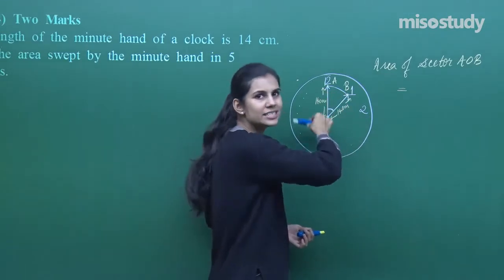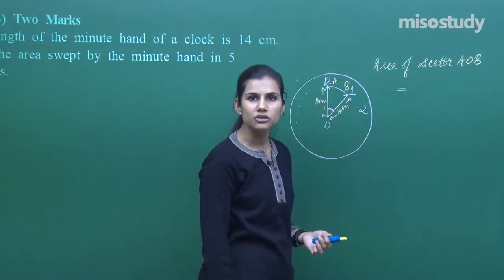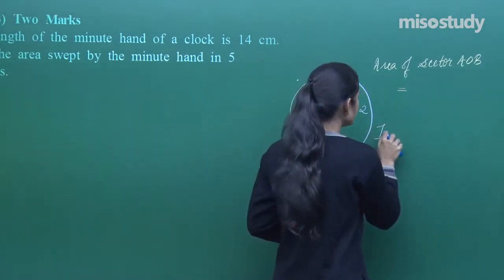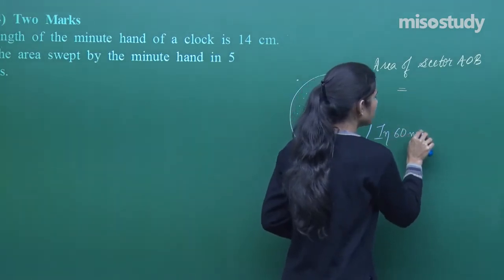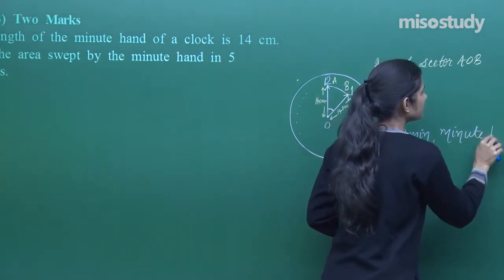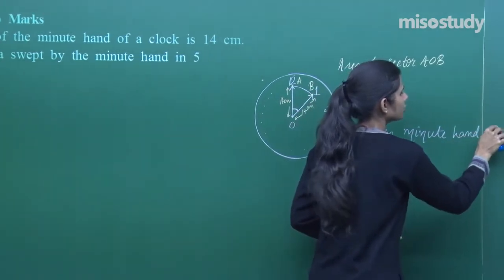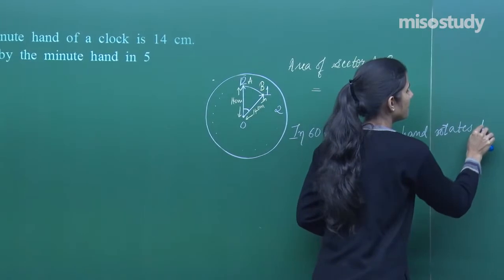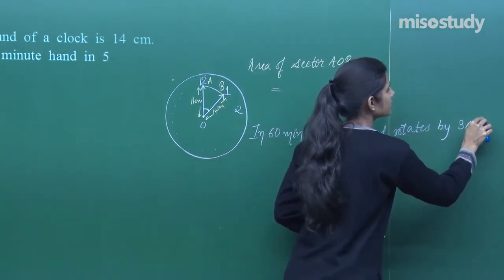When it will be covering 60 minutes, it would have rotated by 360 degrees. So in 60 minutes, the minute hand rotates by 360 degrees.